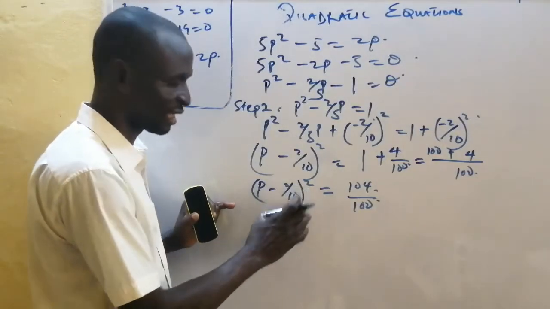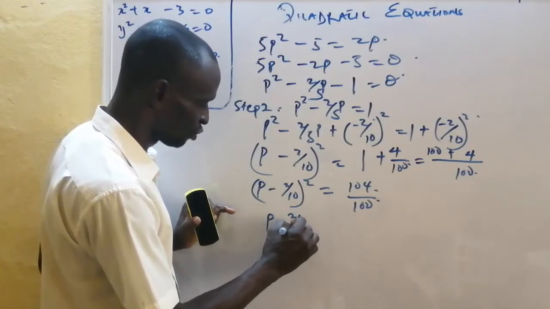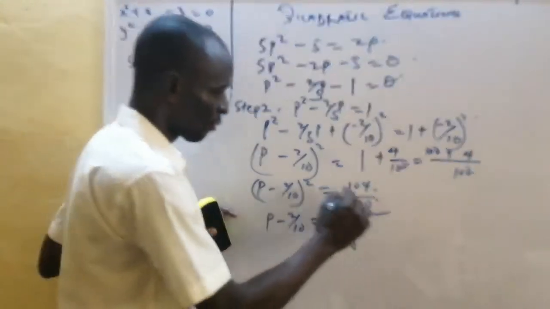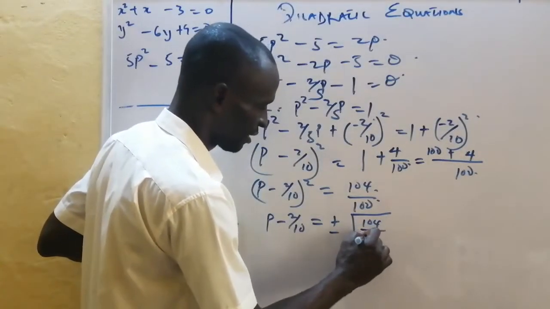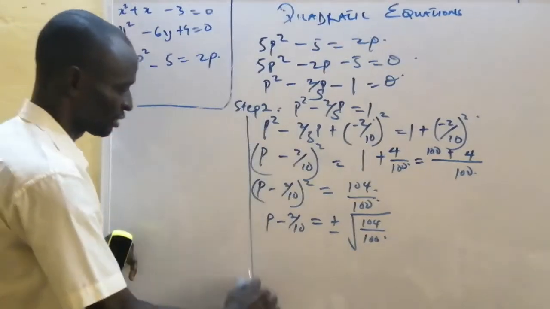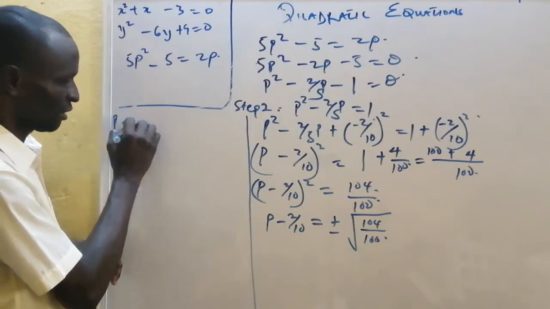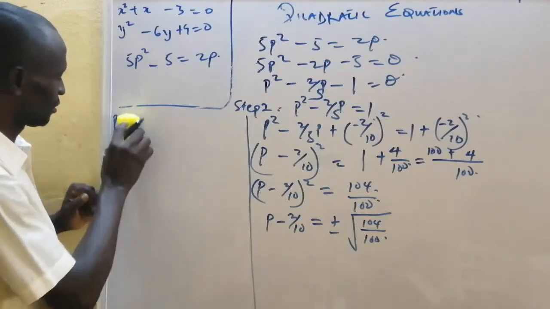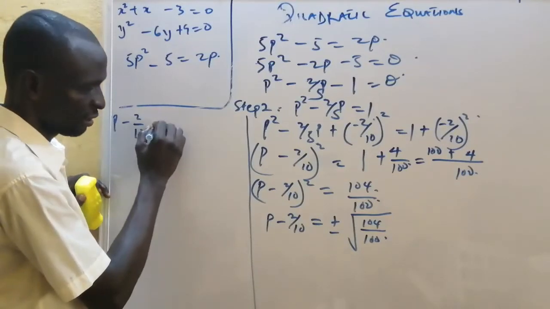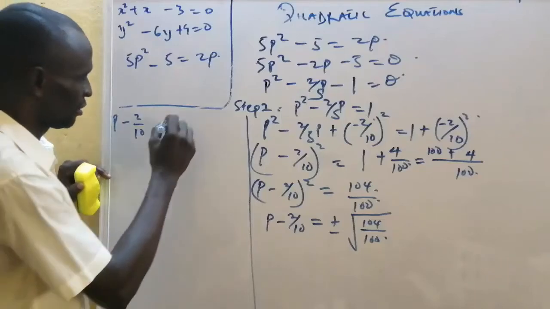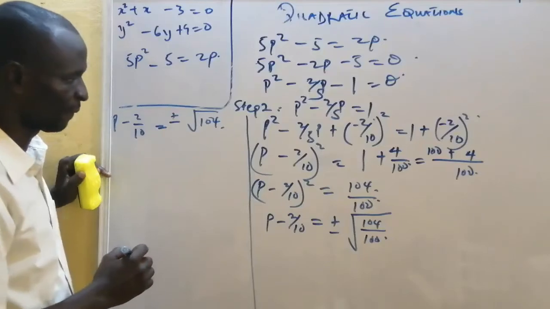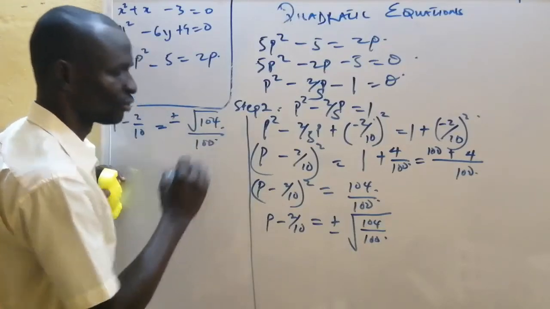With that, we can take the square root of both sides to solve our equation. If I take the square root of this side, I'll be left with p minus 2 over 10 equals plus or minus the square root of 104 over 100. Now this expression becomes p minus 2 over 10 equals plus or minus the square root of 104 divided by 100.